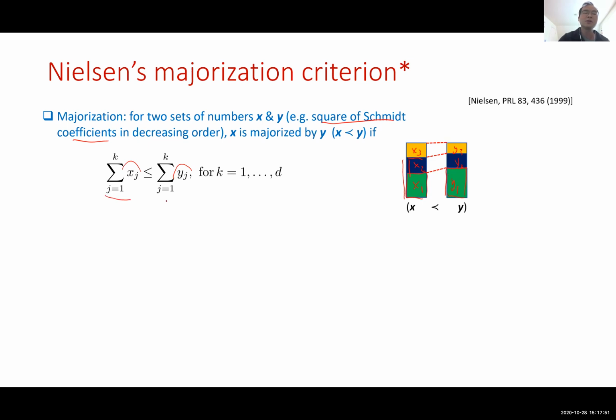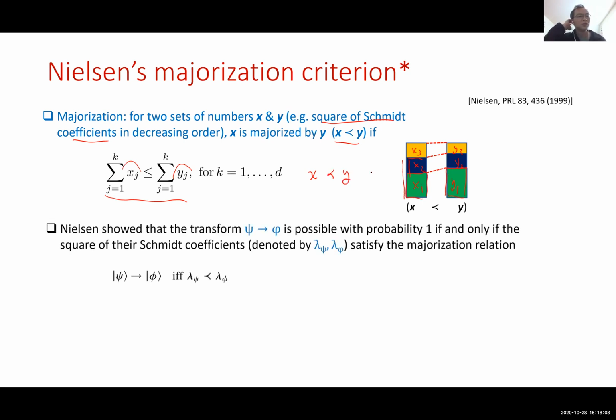If this condition holds, then this set of numbers x is majorized by y, and he showed that if that's the case, then this transformation is possible with probability 1. Okay, and this condition is if and only if.